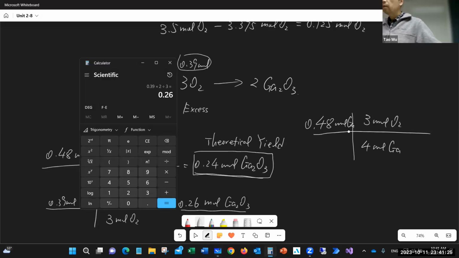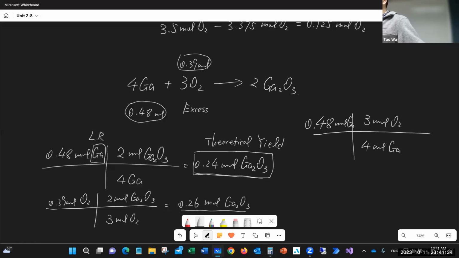So 0.48 times 3 divided by 4 is 0.36. So 0.36 mole of the oxygen is used. The difference, 0.39 moles of the oxygen subtract 0.36 mole, will be 0.03 moles of the oxygen. Makes sense, right?